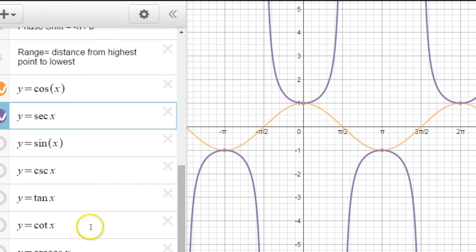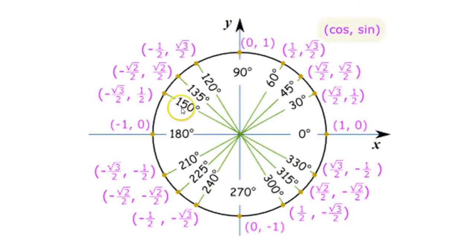Now if you remember me talking about working with sine and cosine in the unit circle, and now we're talking about reciprocal functions and finding their exact values, you can actually find their exact values by flipping and finding the reciprocals of these ones.